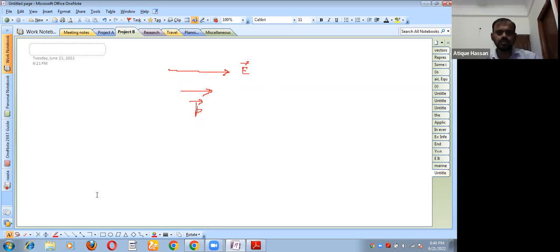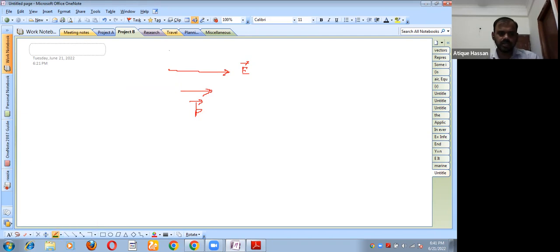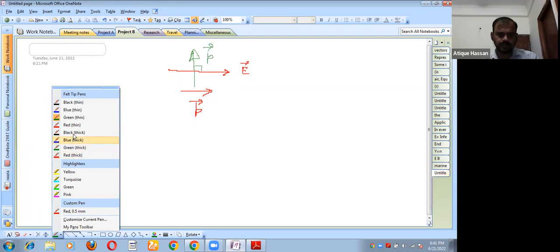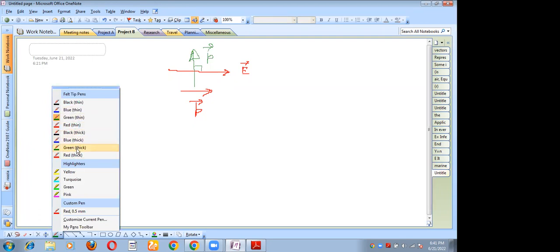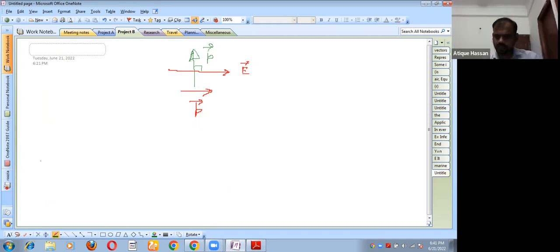So if we rotate the dipole by 90 degrees, suppose the new position of the dipole is like this. Have you understood the situation? What has been asked in the question? Can you give me some clue how to proceed?